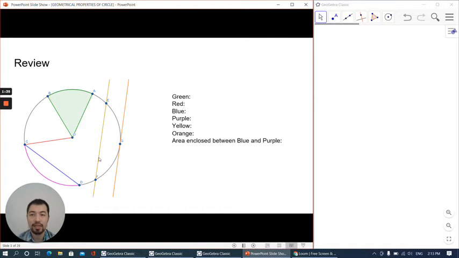The yellow and the blue have different names. Then the orange one. Also recall the name of the area enclosed between the blue and the purple lines.